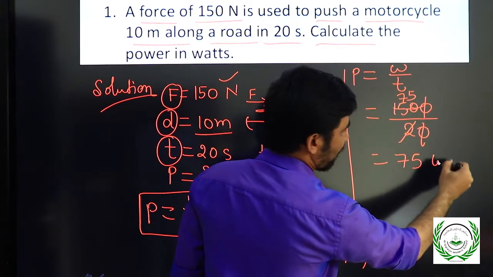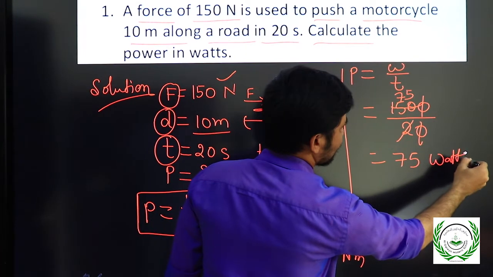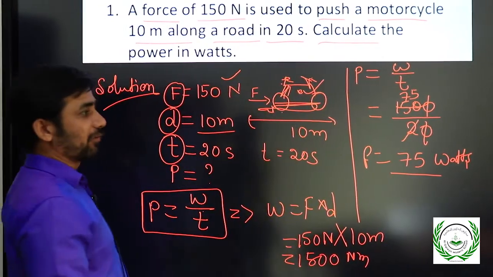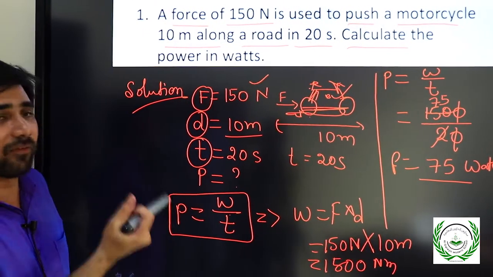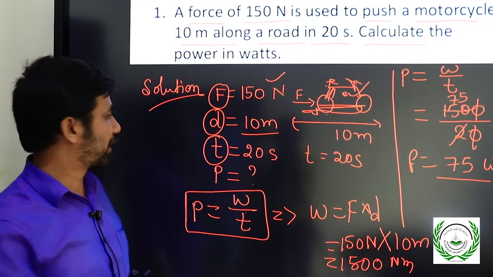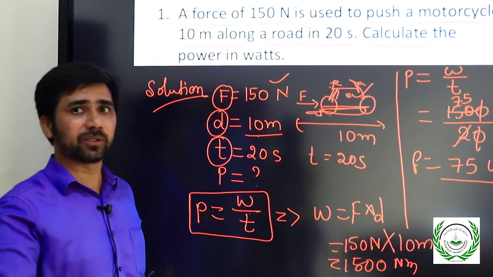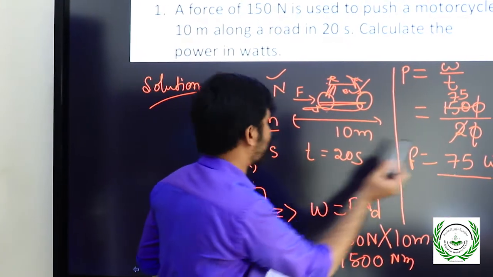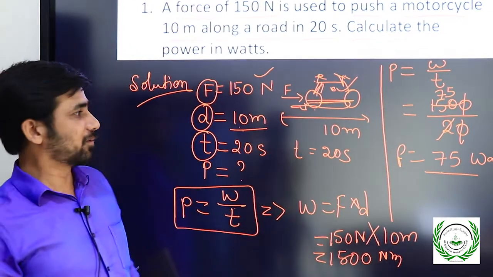What is the unit for power? Watts. So 75 watts. How much power do we need? 75 watts, to push a motorcycle a distance of 10 meters within 20 seconds. If you apply a power of 75 watts, it moves up to 10 meters within 20 seconds.